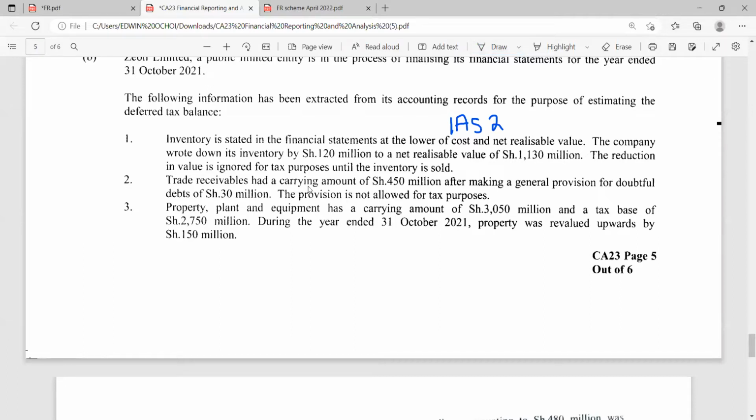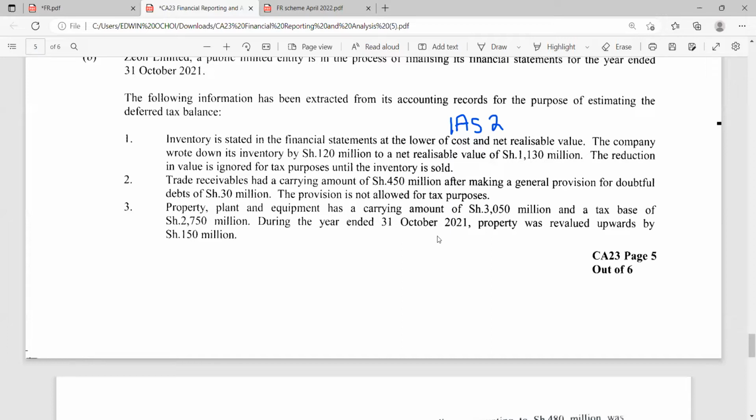Trade receivables had a carrying amount of 450 million after making a general provision for doubtful debt of shillings 30 million. The provision is not allowed for tax purposes. Property, plant, and equipment has a carrying amount of 3,050,000 and a tax base of 2,750,000.